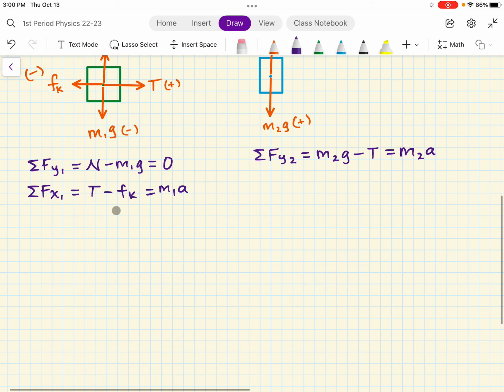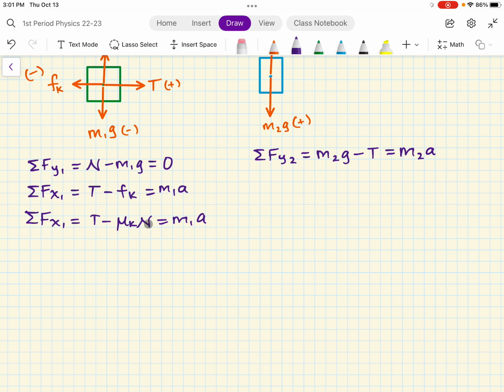I'm going to use the equation for friction. So sum of the forces along the x for mass 1 is equal to tension minus coefficient of kinetic friction times the normal force is equal to mass 1 times acceleration.